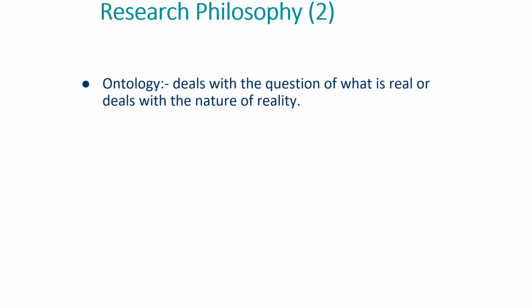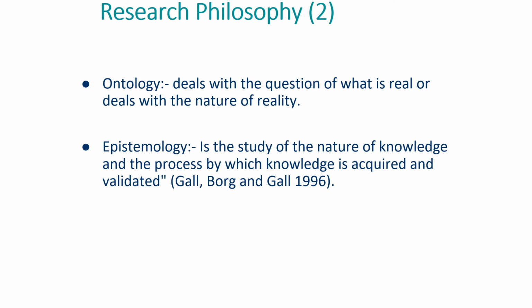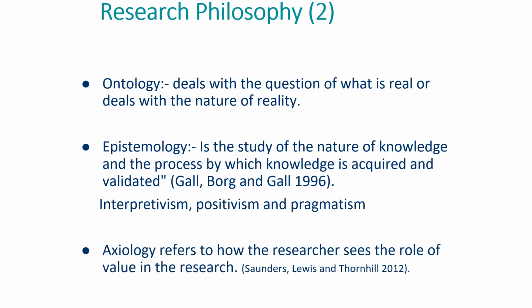Ontology, in terms of research philosophy, deals with the question of what is real, the nature of reality. Epistemology is the study of the nature of knowledge and the process by which knowledge is acquired and validated. And axiology refers to how the researcher sees the role of the value of the research.